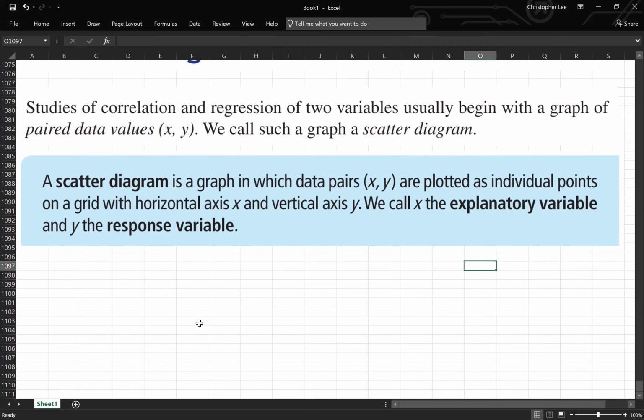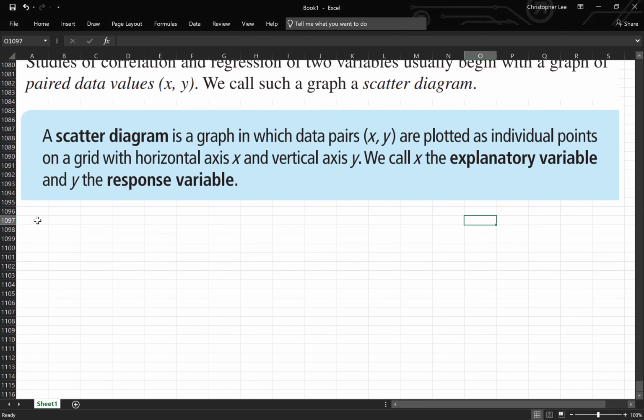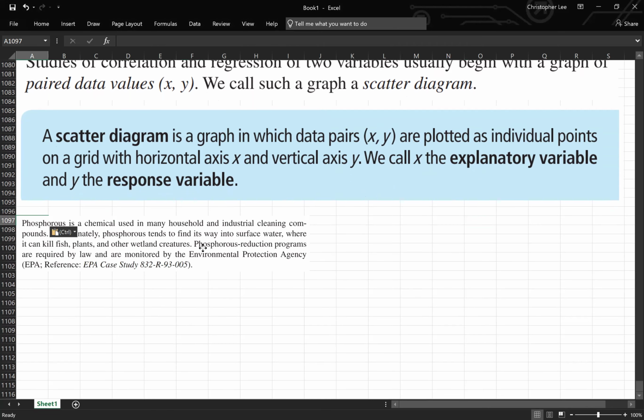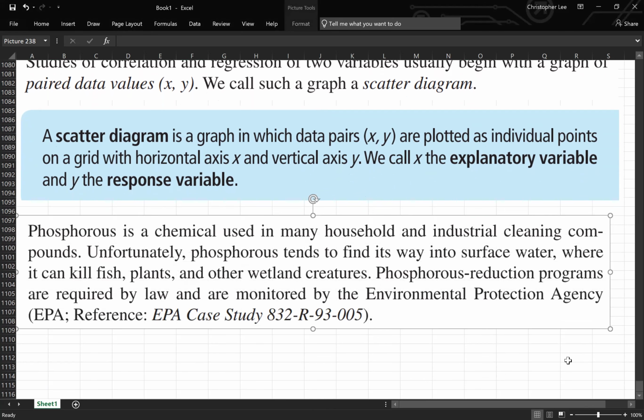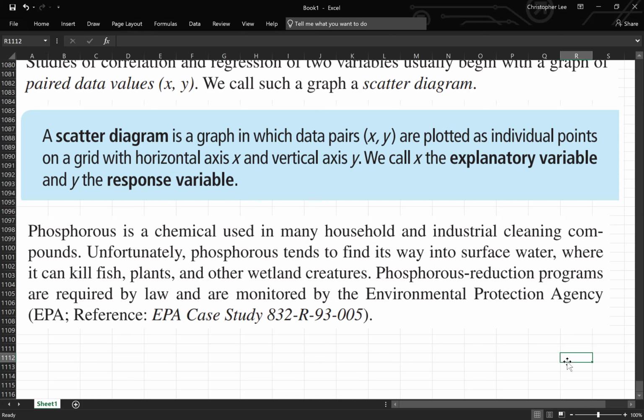Real quick, I just want to jump into an example. Hopefully we can elaborate on it a little bit and time doesn't run out against us. So phosphorus is a chemical used in many households and industrial cleaning compounds. Unfortunately, phosphorus tends to find its way into surface water, where it can kill fish, plants, and other wetland creatures.